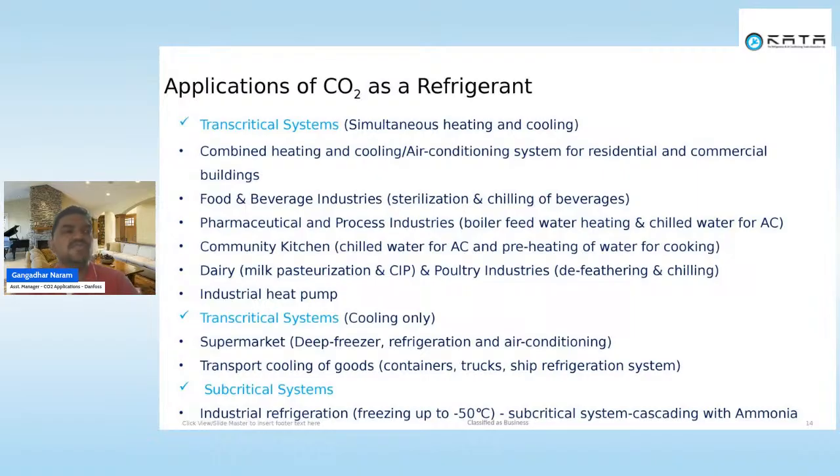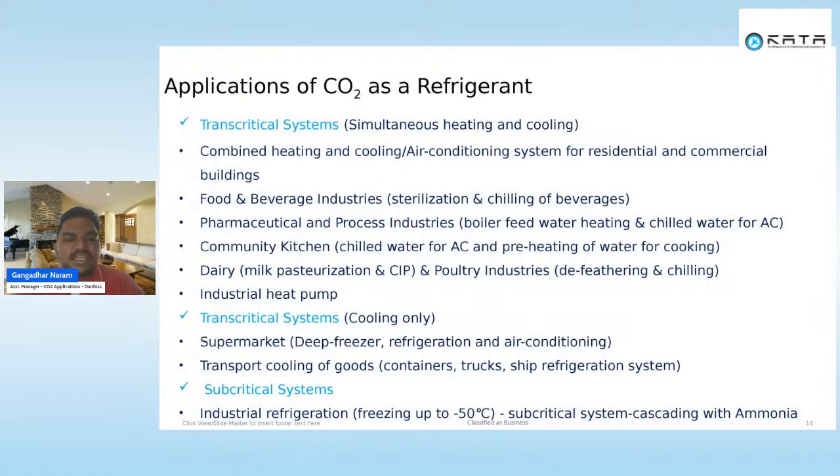All these have supply cold chain management, where we can maintain minus 20 or minus 25 degrees cabin temperatures for the food that is going from one location to another. You should be in the cold chain. So there also it is possible with CO2.